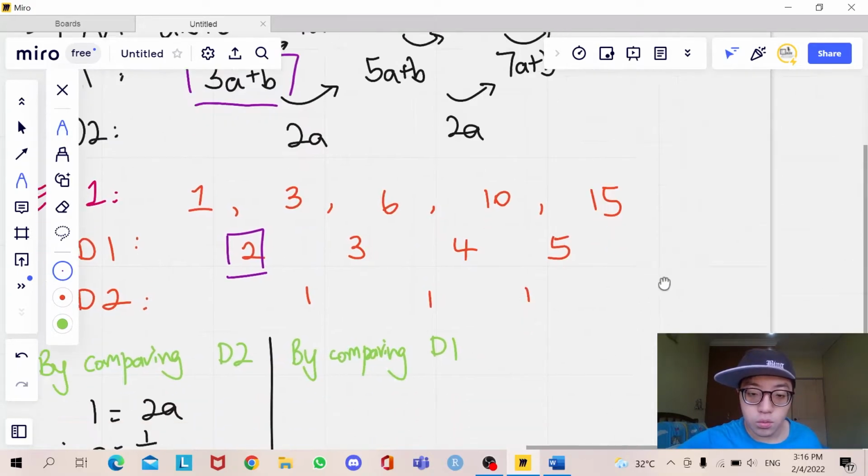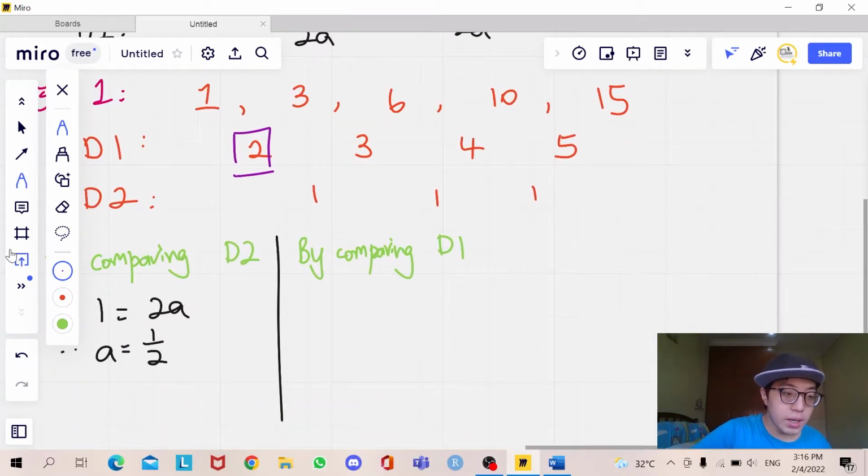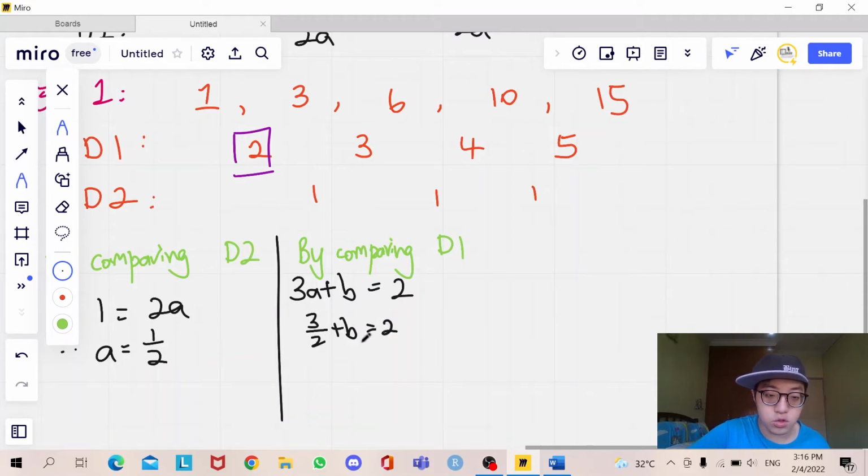So we know that 3a plus b is equal to 2. And we know that a is equal to 1 over 2. So 3 over 2 plus b is equal to 2, and b is equal to 1 over 2.